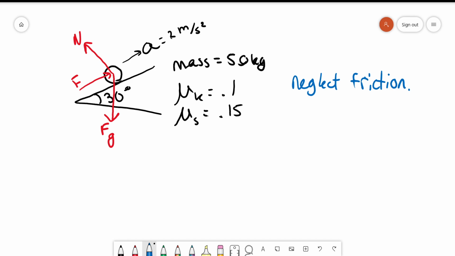Now a trick for inclined plane problems is to tilt our coordinate system so that our x-axis is along the incline. There's an erase button on my stylus and I keep pushing it by accident. The reason we're doing that is because now the normal force and our applied force each exist in one direction at a time, which is what we need for forces.